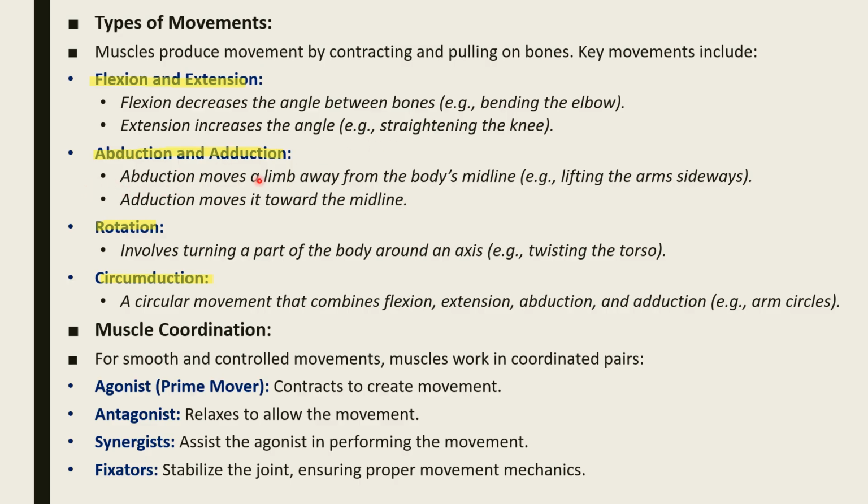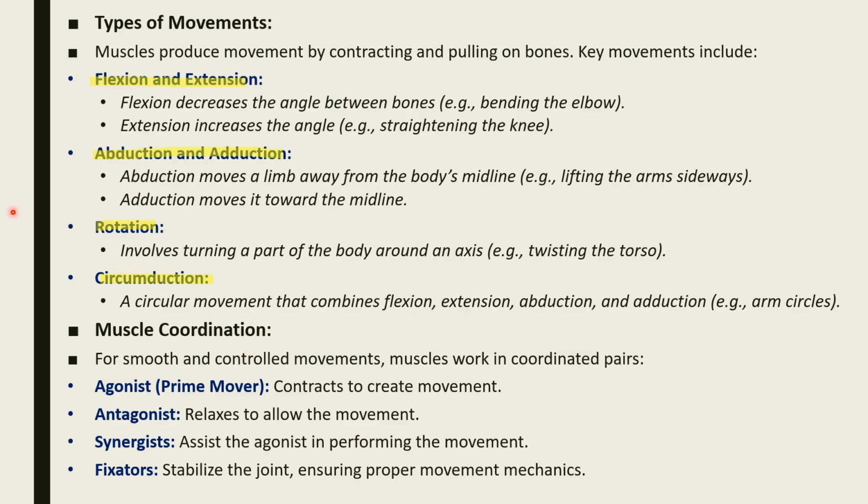Abduction moves a limb away from the body's midline, and adduction moves it toward the midline. Rotation involves turning a part of the body around an axis, for example, twisting the torso. Circumduction is a circular movement that combines flexion, extension, abduction, and adduction.